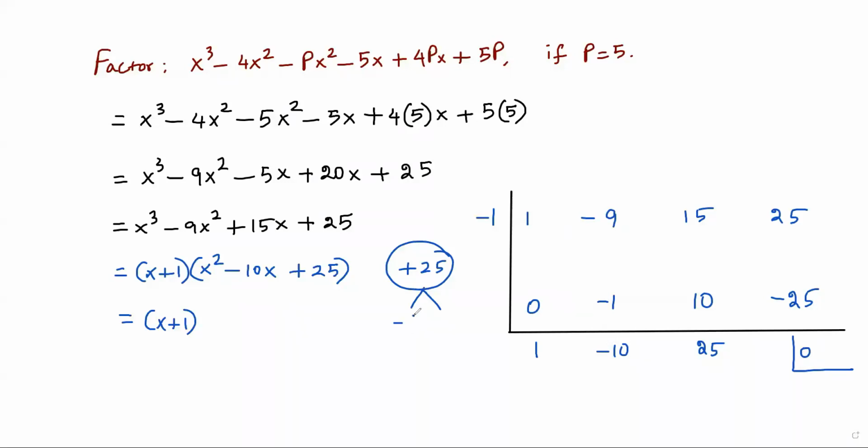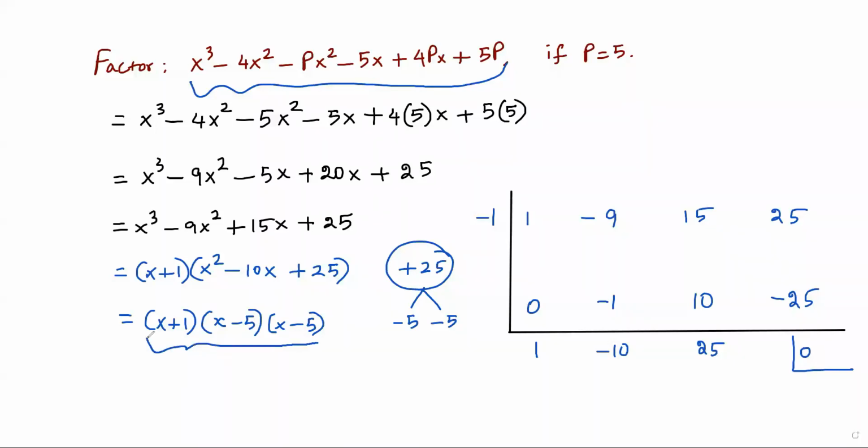So that is negative 5 and negative 5. When I multiply these two factors, negative 5 and negative 5, the answer is positive 25. When I add them, it will be negative 10, which is the middle term. So the two factors of this quadratic expression are x minus 5 times x minus 5. So the factored form of the given cubic polynomial is x plus 1 times x minus 5 times x minus 5.